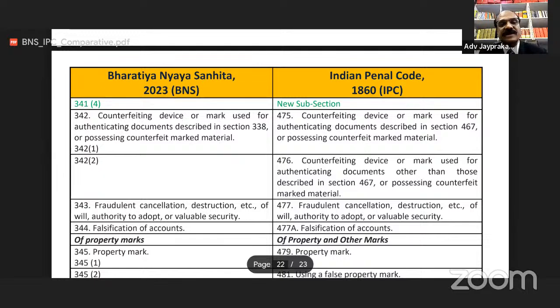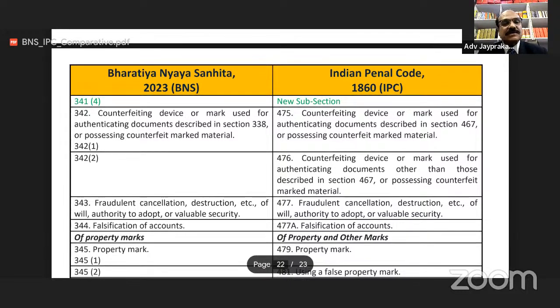If you take a color copy of a note and give it to children to play with, that is not an offense. But if you use it as currency with fraudulent intent, that is an offense. That is counterfeit.